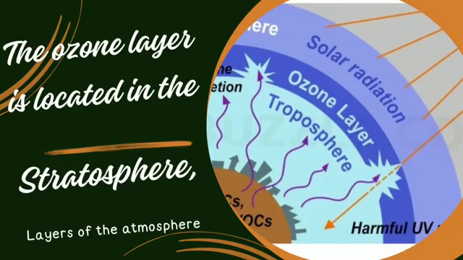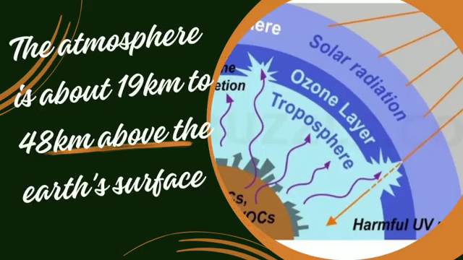The ozone layer is located in the stratosphere, where it forms a protective layer shielding life on Earth from the sun's harmful ultraviolet radiation. The ozone layer is about 19 to 48 kilometers above the Earth's surface.